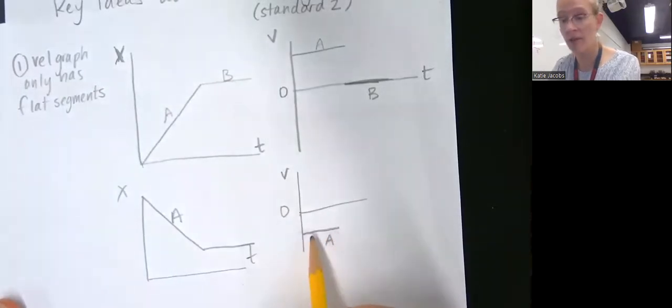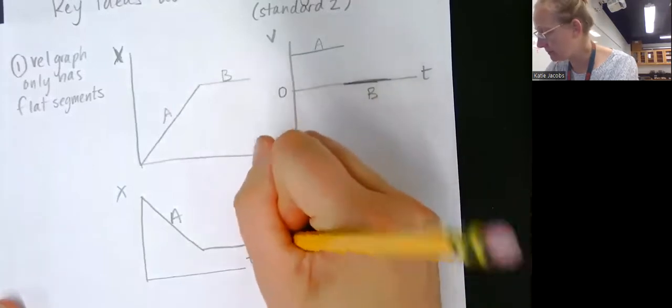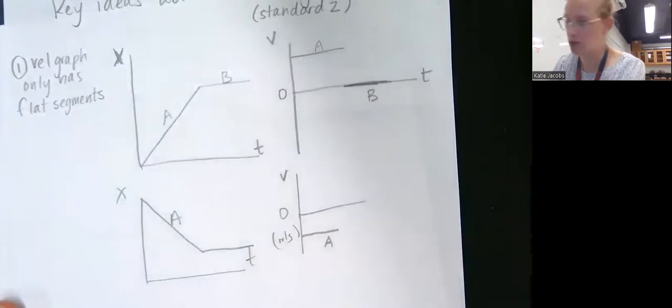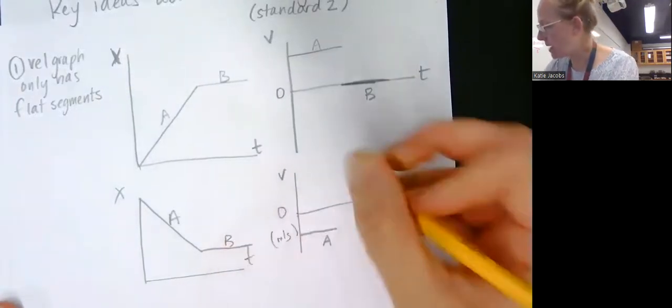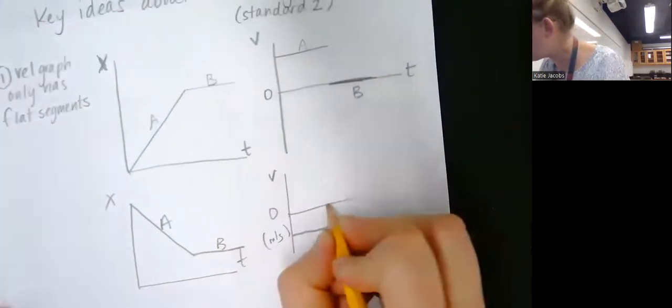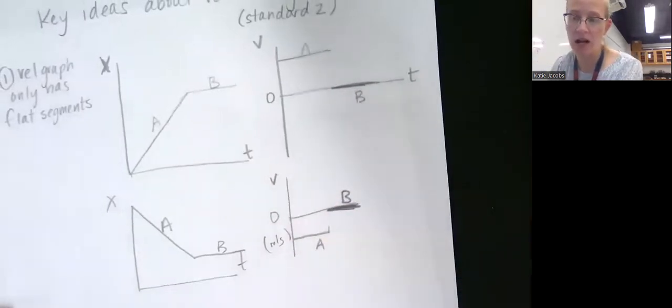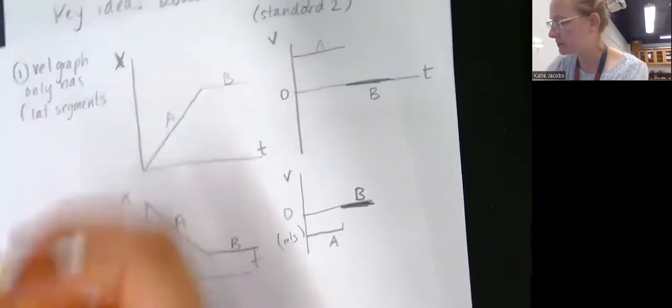My velocity is the same meters per second, and I'm not speeding up or slowing down, but I am moving in the negative direction. Then when I'm at rest, I would hop up here to the x-axis, and that's what we saw on the screen of the LabQuest when we were using the motion detector.